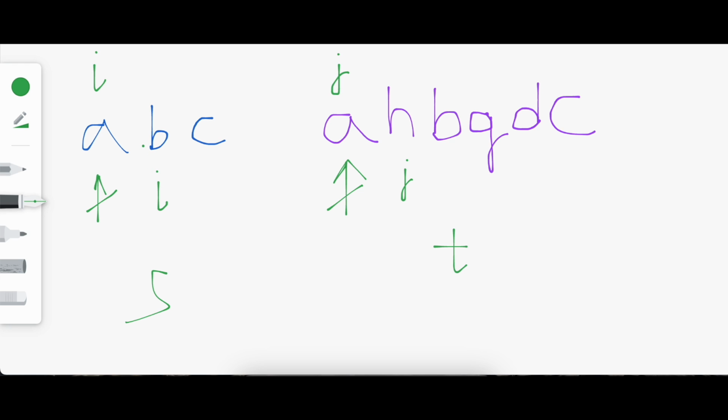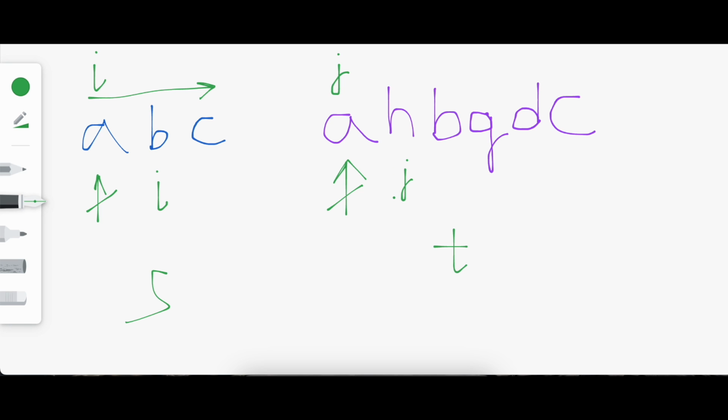Remember, we want every single character in s to be part of t, and they have to be in order. We want every one of these characters to be matching with some character in t. So if they're not matching right now, like in this case, I'll wait. Maybe there's a character afterwards that might actually match this character b.